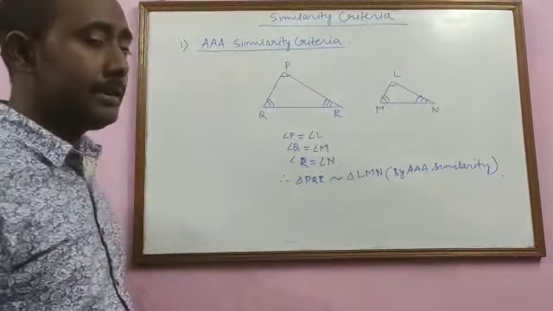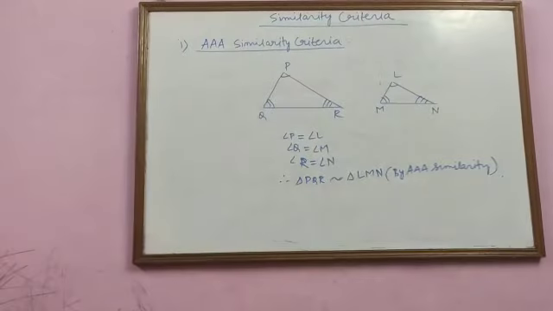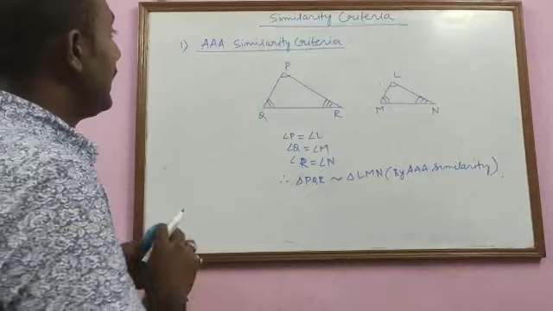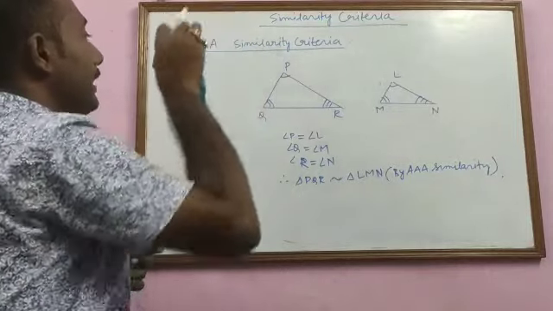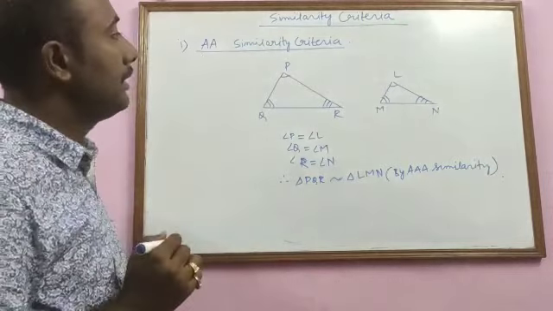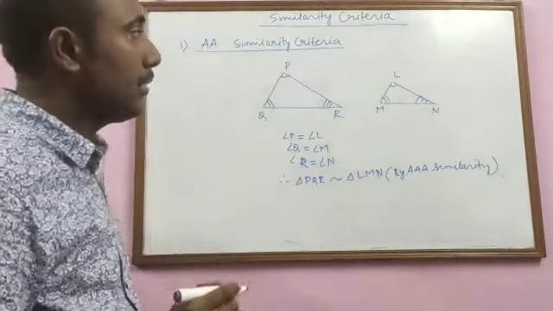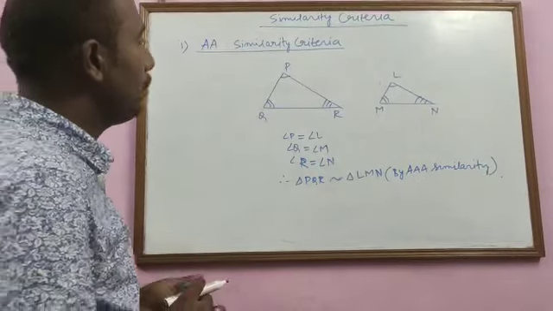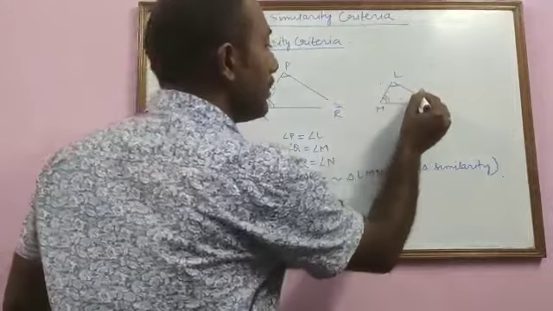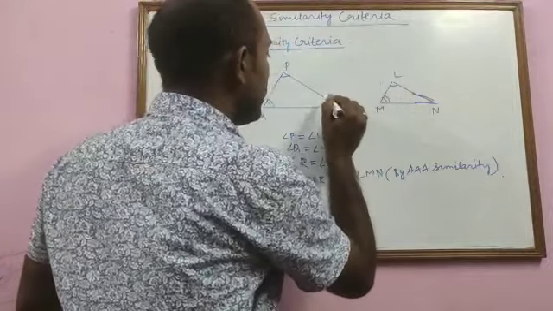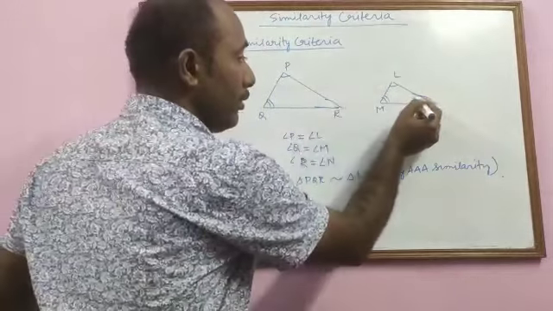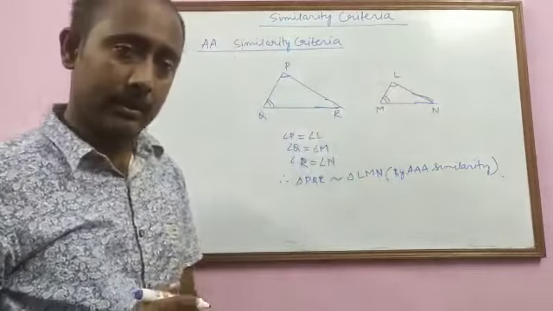The next one is very easy, it will be very easy for you to understand. The next one is angle, angle similarity criteria. Now students, you must be knowing that if two angles of a triangle are respectively equal to the two angles of the other, the third angle is bound to be equal with the third angle.